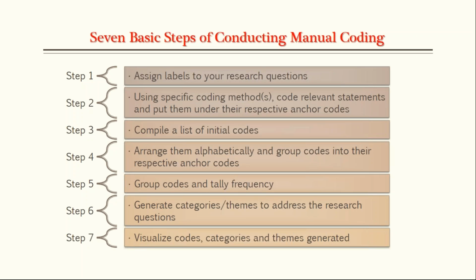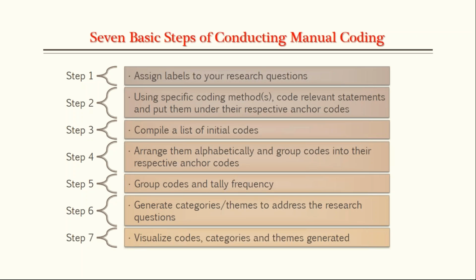And now I'm going to talk about the anchor code for you to understand. The next step is to compile all the initial lists, arrange them alphabetically, and group them under their respective anchor codes. And then you can tally the frequency.